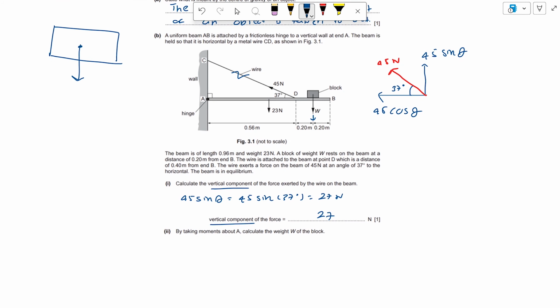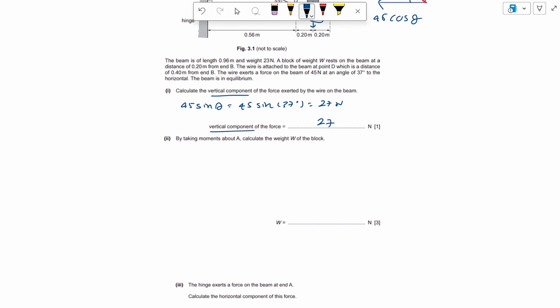Now we need to calculate weight W, aka the weight of this block, by using moments. So we know that clockwise moments is equal to anti-clockwise moments.